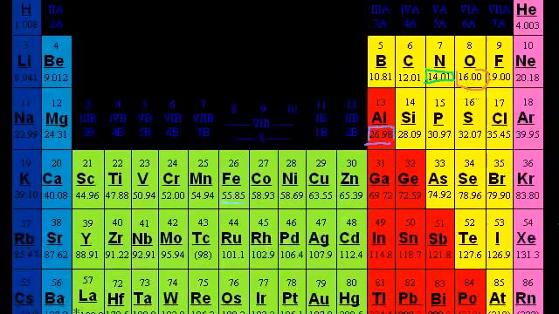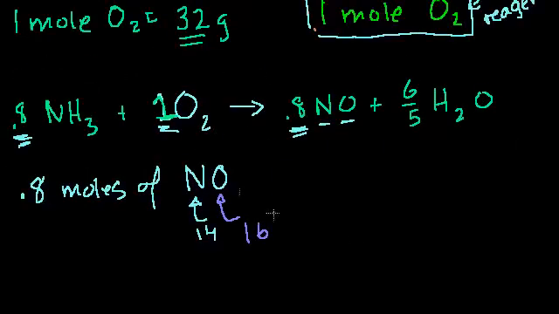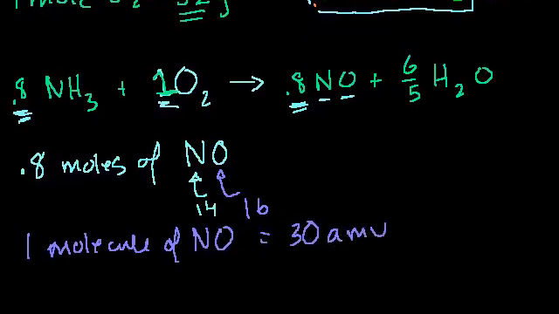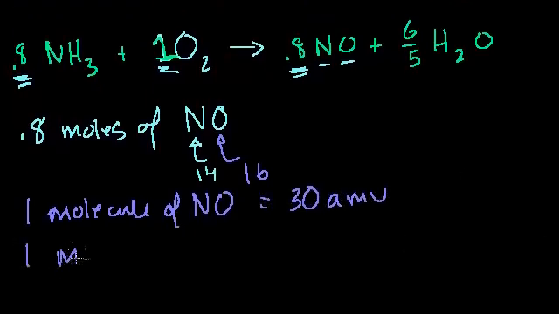So 1 molecule of nitrogen monoxide is equal to 30 atomic mass units. 1 mole, or 6.02 times 10 to the 23 molecules of nitrogen monoxide, will therefore be 30 grams.